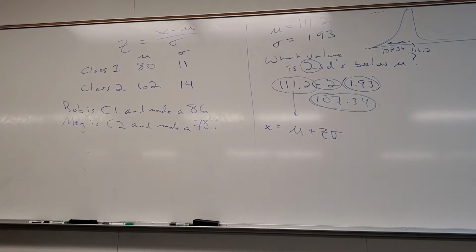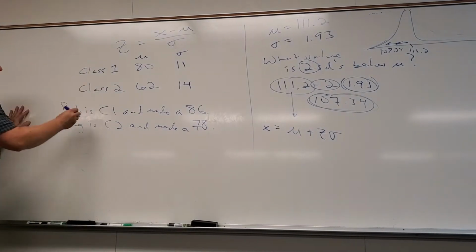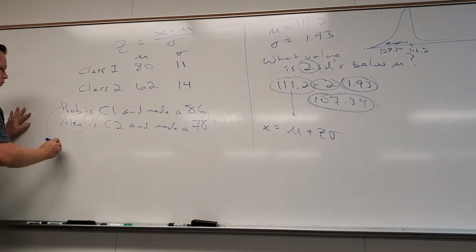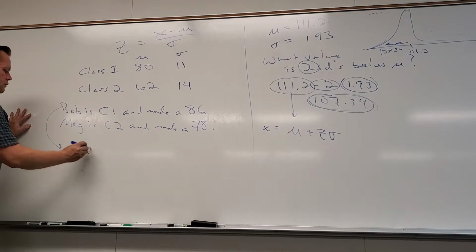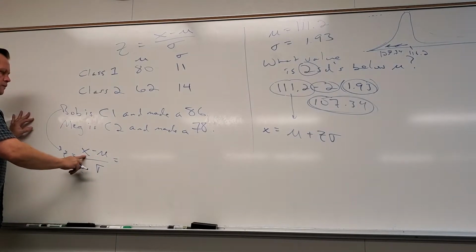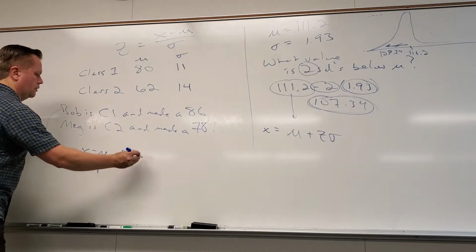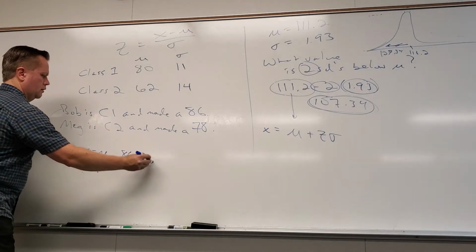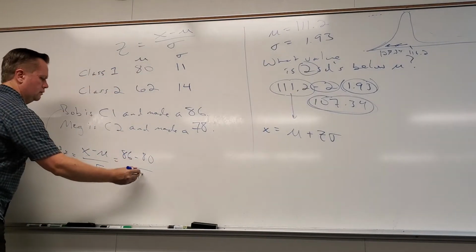So what I do for each case is calculate a z-score. What's Bob's z-score? It's his score, 86, minus his class's mean, divided by their spread.